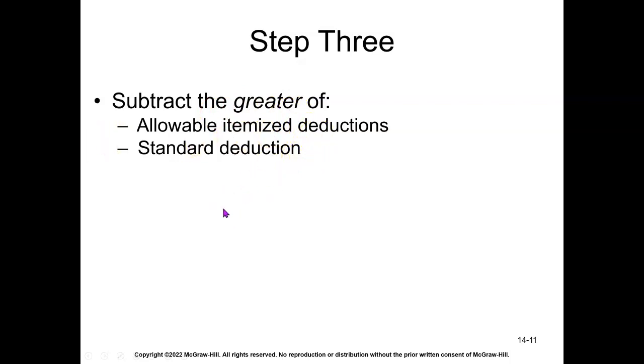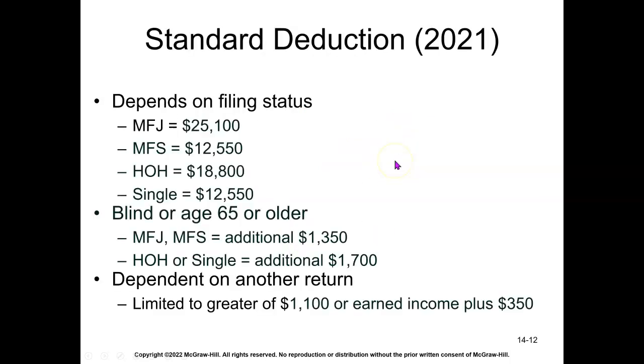And you'll notice in just a moment, the standard deduction has been increased greatly. And so it's a lot more usual to see the standard deduction in current years than it was in years past. In fact, let's look at that. I think there's a slide here on standard deductions. So I mentioned it depends on your filing status. If you're married filing jointly, you have a standard deduction of $25,100.